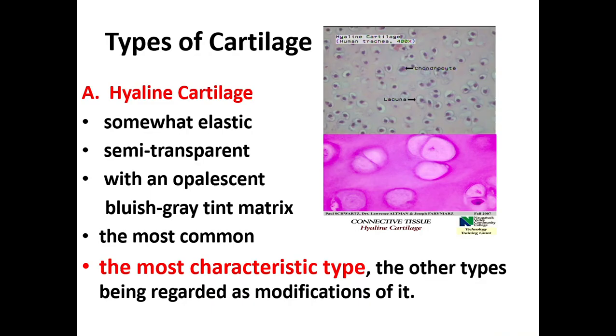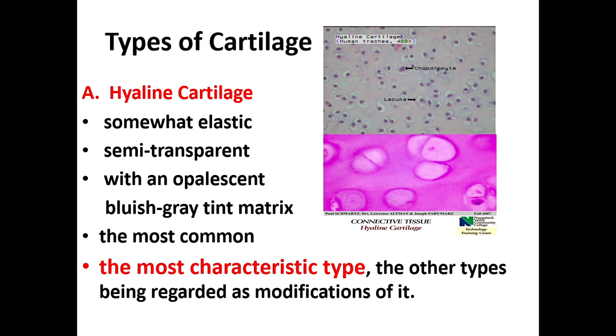Then, types of cartilage. We go into the different types of cartilages in the body. The first one that is formed is the hyaline cartilage, the most characteristic type, wherein other types of cartilages in the body are just a modification of hyaline cartilage.